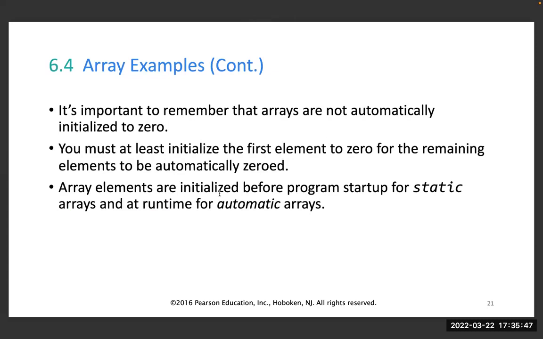Array elements are initialized before program start for static arrays and also at runtime for automatic arrays. Static we said before, so those values will stay in memory for the whole program.